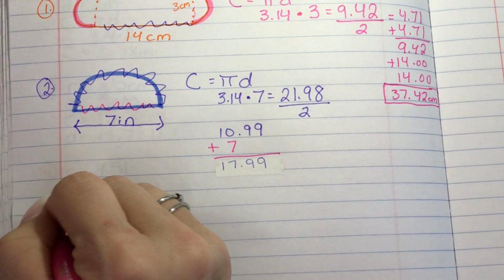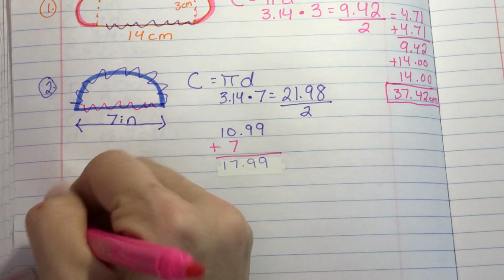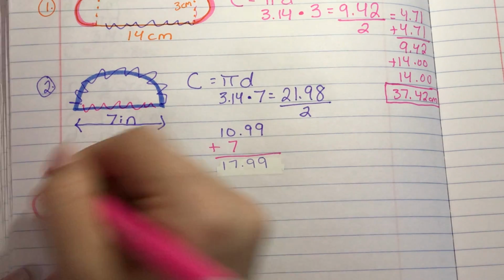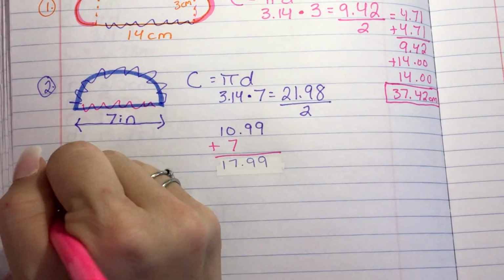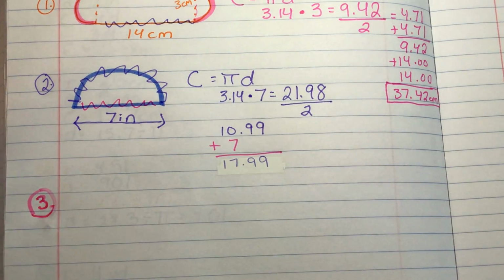Last example we're going to look at. I don't know why I just wrote 4. I'm still thinking about the 14. I don't know. I guess I just like that number. It's been a long day. It has. I think you should take a long nap.